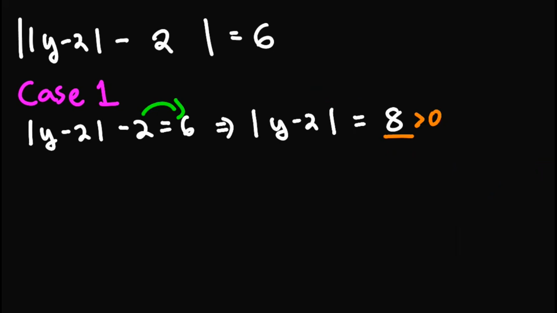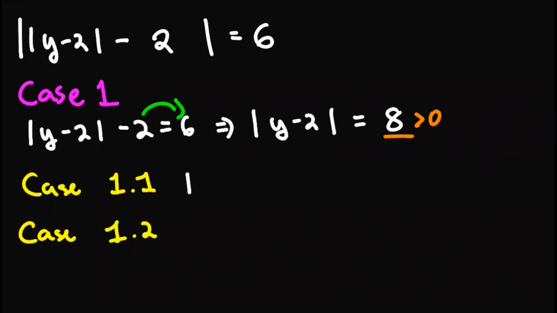So we've got case 1.1 and case 1.2. For case 1.1, we've got y minus 2 equals 8, and for case 1.2, we've got y minus 2 equals negative 8.